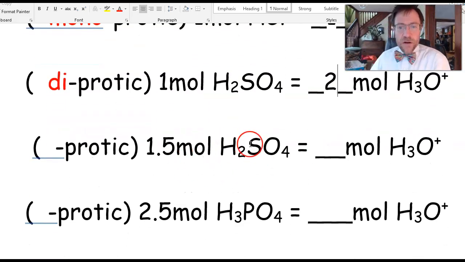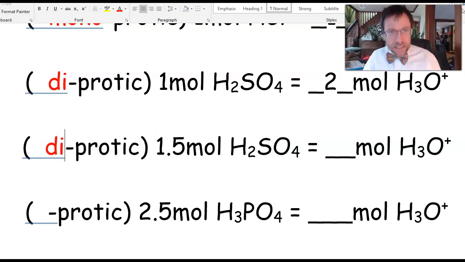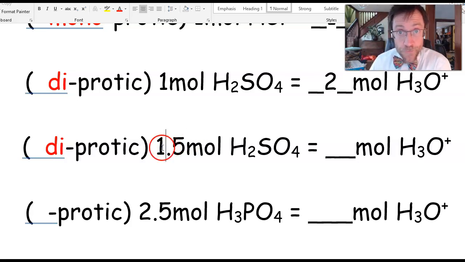This one right here, it's H2SO4 again, guys. I already know what this one is. I know that this is diprotic. See, because I've got my little subscript 2 right there, which tells me that for every 1 H2SO4, I will get 2 hydrogens. So let's dig it. I have 1.5 moles of H2SO4.